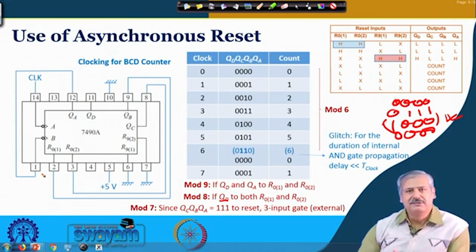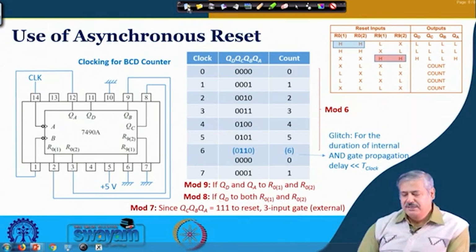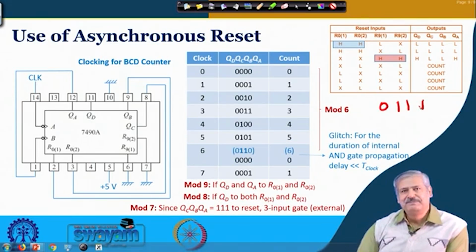But how, if you want to get a mod 7, right, then the first time it is happening, it is 0 1 1 1. Okay. Now, with 2 inputs, okay, it is not possible, because if you give just this 2, then it is mod 6. Okay. First time it will occur when 0 1 1 0, and if you want to give these 2 inputs, right, that will also occur when it is 3, and if you want to give QC and QA, that occurs when it is 5, isn't it.